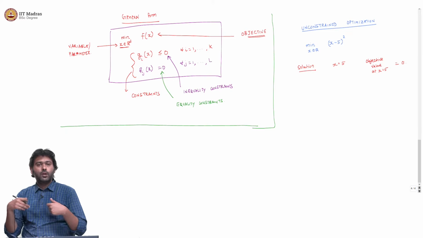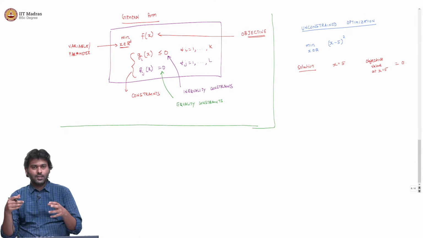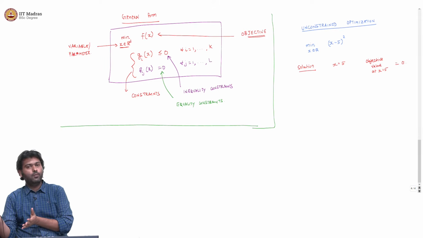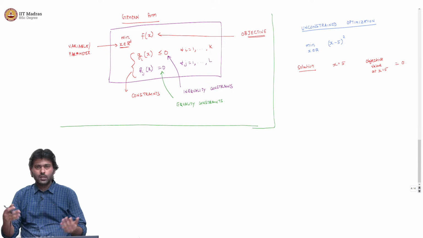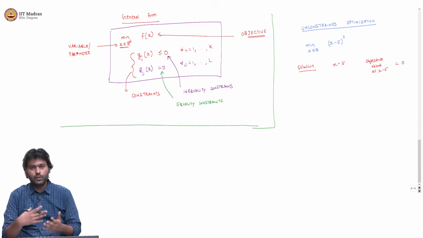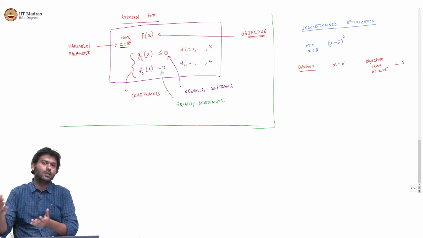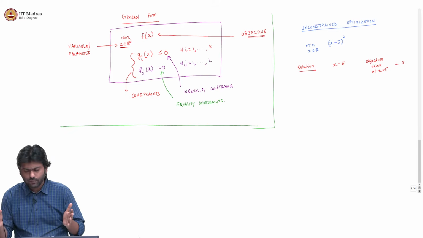And of course, because we are minimizing and this is a squared function, it has to be non-negative. We have found a point x equals 5 for which the value is 0, which means that it necessarily has to be the minimum. No other point can achieve something less than 0, and hence this is the optimum.